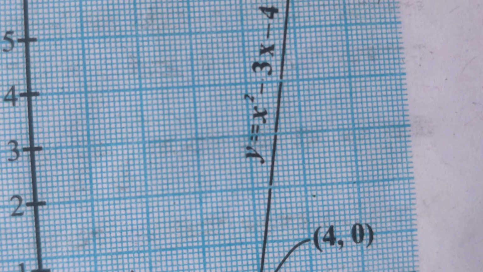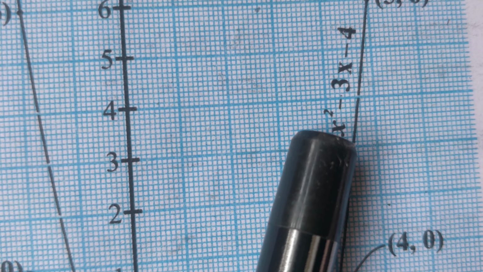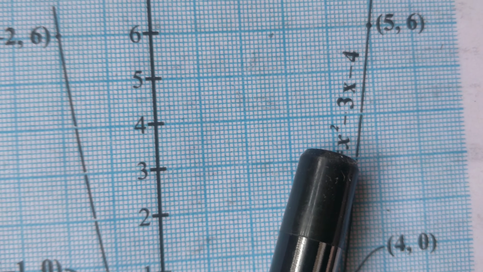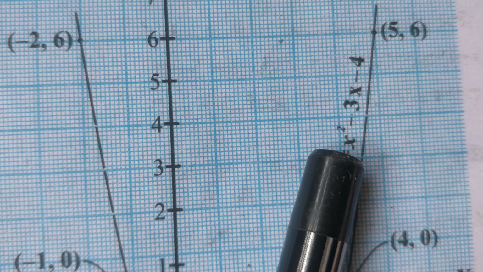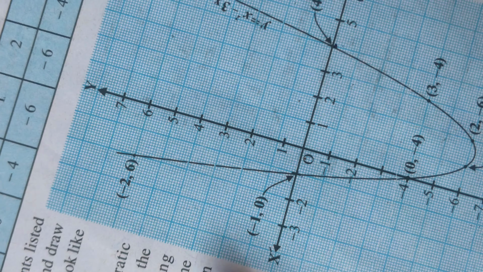If the coefficient of x square is 1, that is positive, if a is greater than 0, then the parabola is open upward.